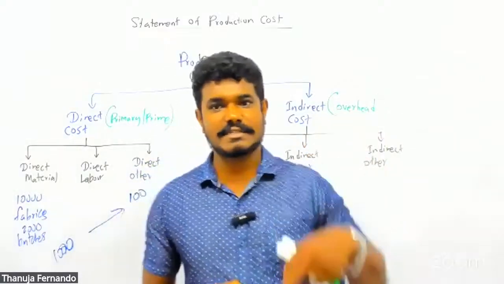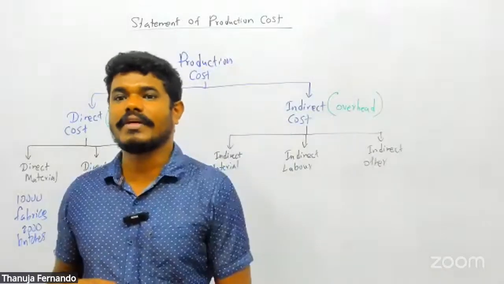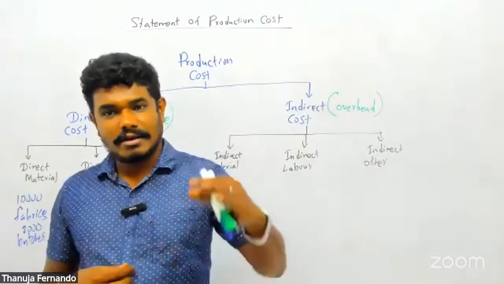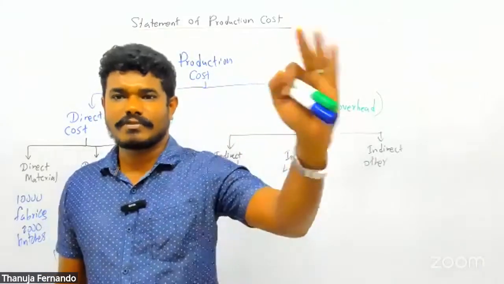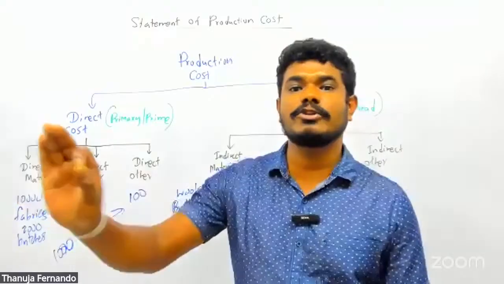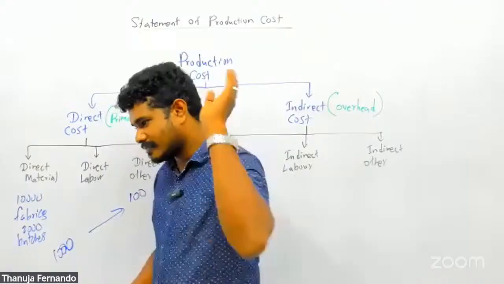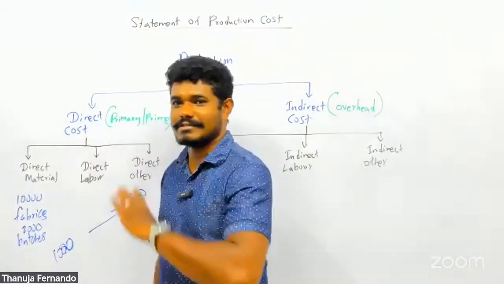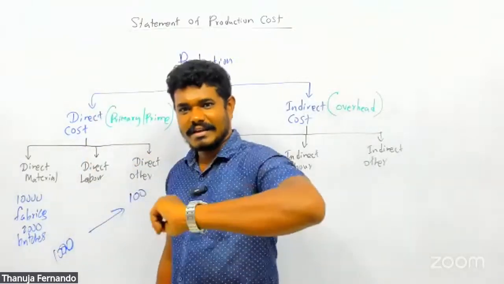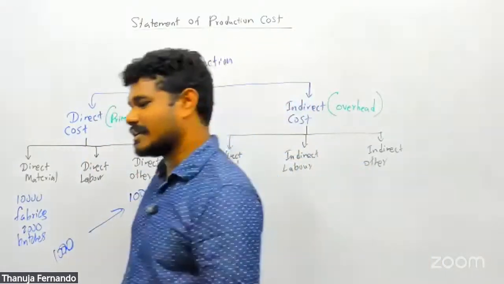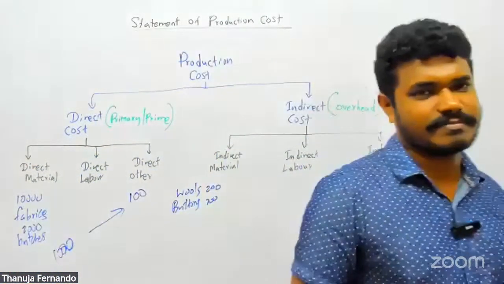He says, for each and every shirt, I need 200 rupees. Then we have to pay 200 rupees per shirt to the fashion designer. So it directly affects the cost. When we produce one shirt, we have to reserve that amount for the owner of the design, this fashion designer.